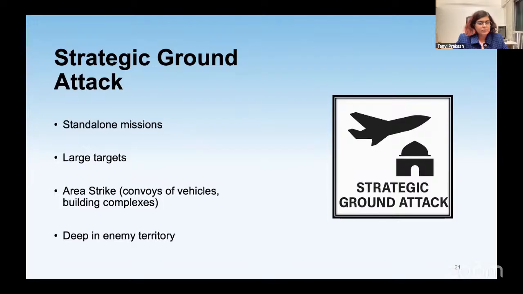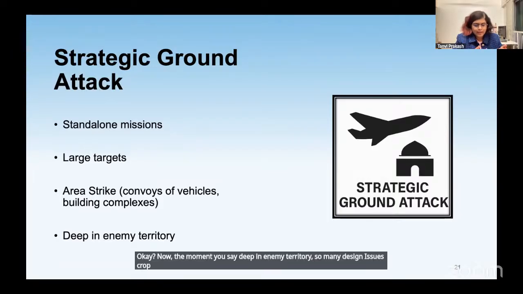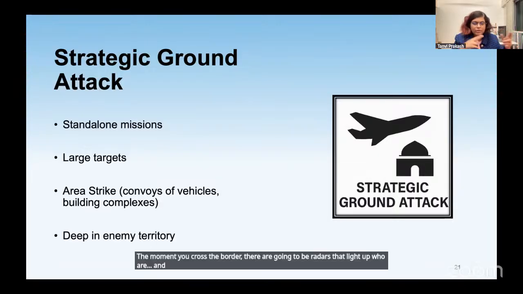Now, the moment you say deep in enemy territory, so many design issues crop up. How do you get deep into enemy territory? You have to be able to fly that deep. But it's not like everybody is going to let you go so easily. The moment you cross the border, there are going to be radars that light up and guns that try to shoot you down.